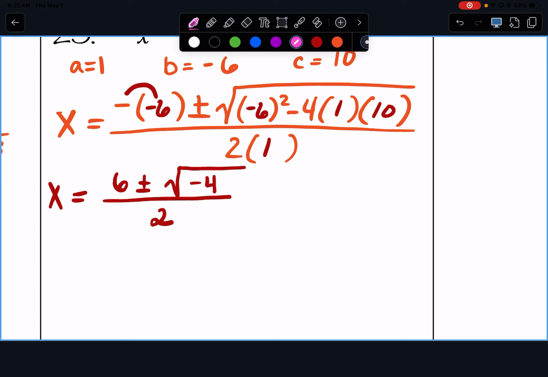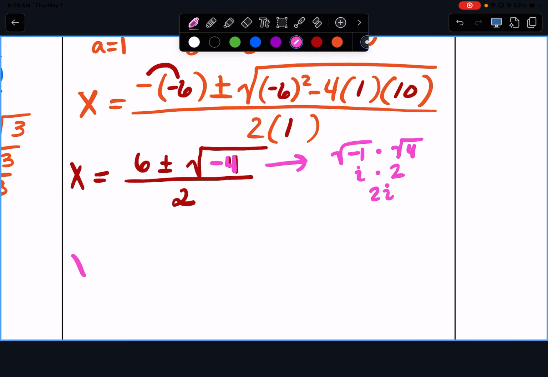Now, we have to simplify that square root, okay? We have the square root of negative 4. So we're going to break that into the square root of negative 1 times the square root of 4. What's the square root of negative 1? What's the square root of 4? And so we get 2i. Yep.